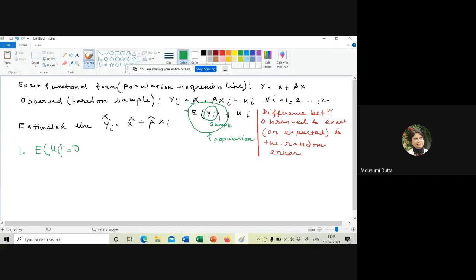In an example sense, we cannot start with a non-zero error. If I start with a non-zero error, I explained I can capture it in my intercept term. So mathematically, we should not start with some non-zero error.